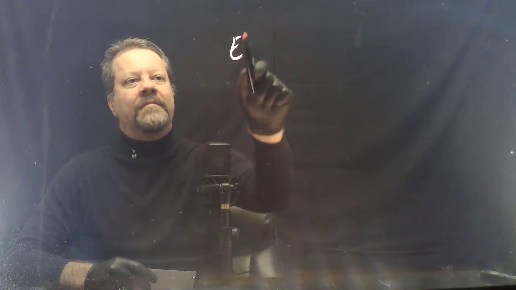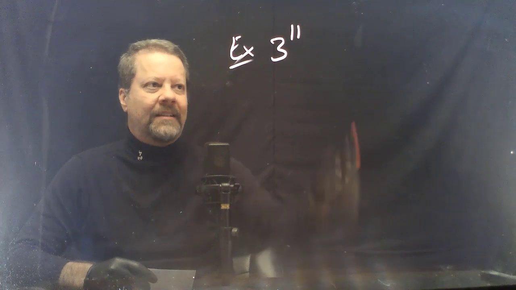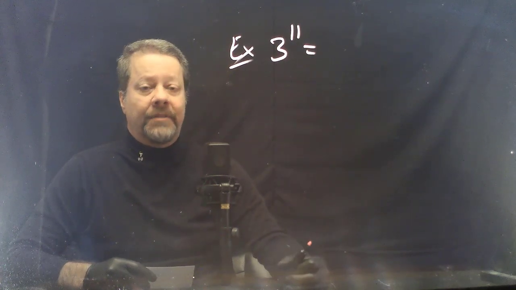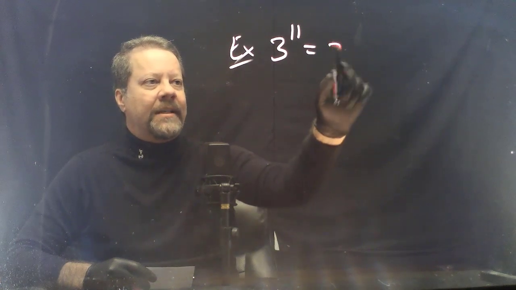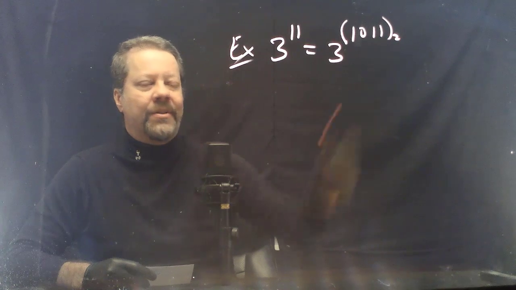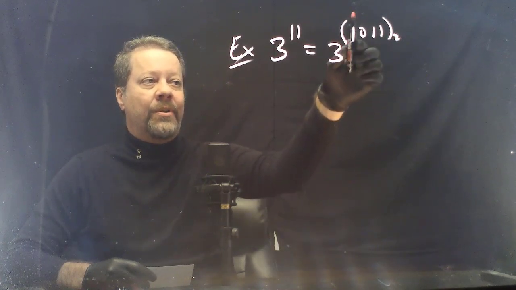So for example, suppose we want to calculate 3 to the power of 11. Because of our previous discussion, we should convert 11 to binary. So that's 3 to the power of 1011 in base 2. You can tell this because here you have 2 cubed.